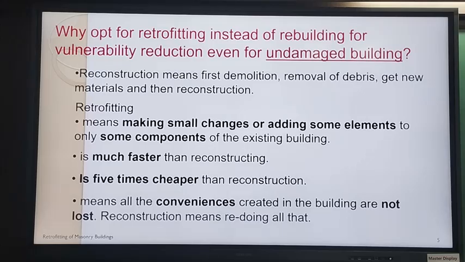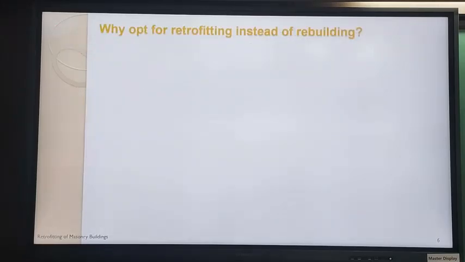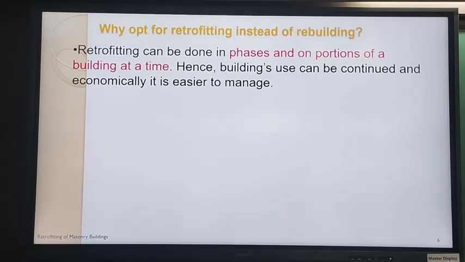If it's a home, you construct a house, then you make it a home. You put in a lot of effort to make it a home. So if you're retrofitting, then whatever you have done, everything is not lost. Some of the things are lost and have to be redone. All right. Some more things. Retrofitting can be done in phases, on a portion of a building at a time.